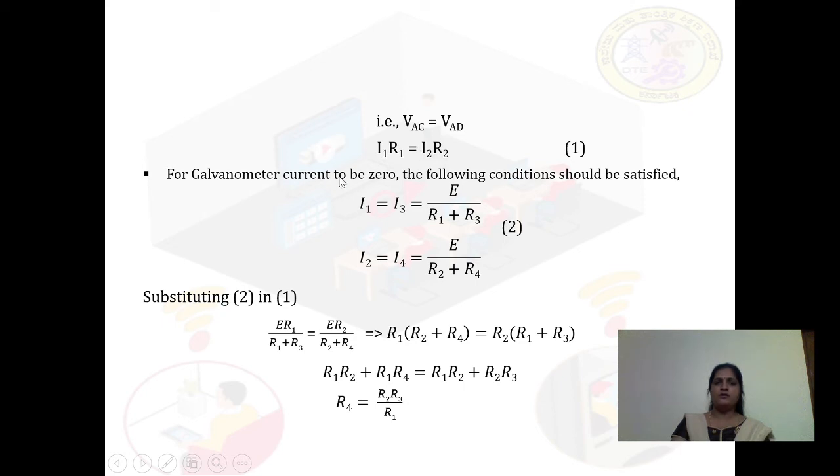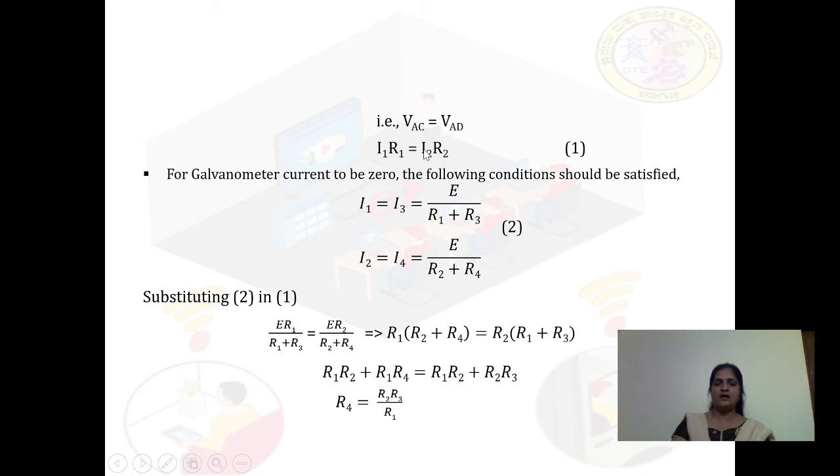So the galvanometer current is 0 under the following conditions. The first condition is I1 must be equal to I3, that is opposite arms, and I2 must be equal to I4. So by equating, I1 is E divided by R1 plus R3 and I2 is E divided by R2 plus R4. By substituting this value in the main equation, that is I1 R1 is equal to I2 into R2, finally by equating these equations you will get the unknown resistance R4 by balancing the bridge.